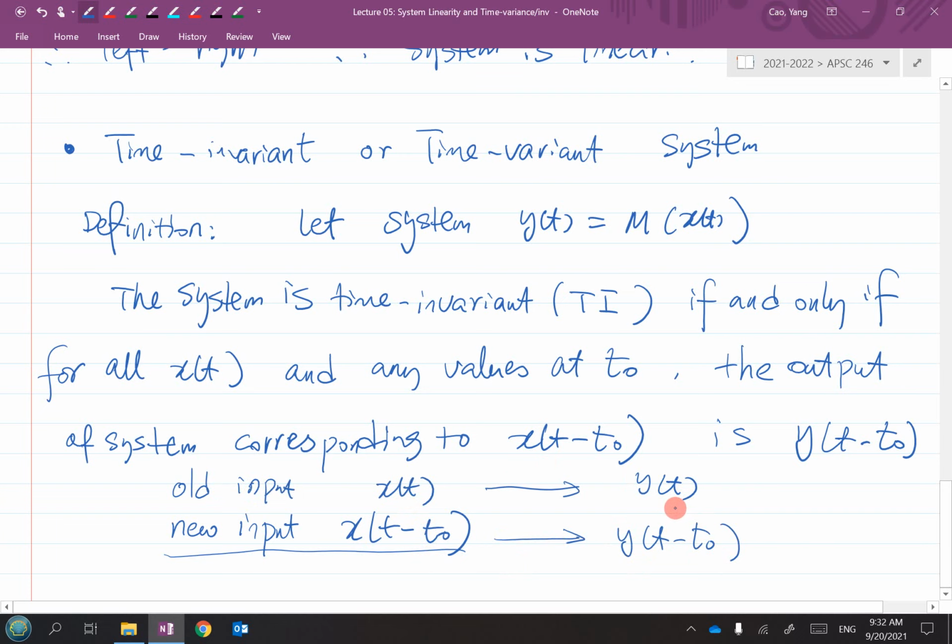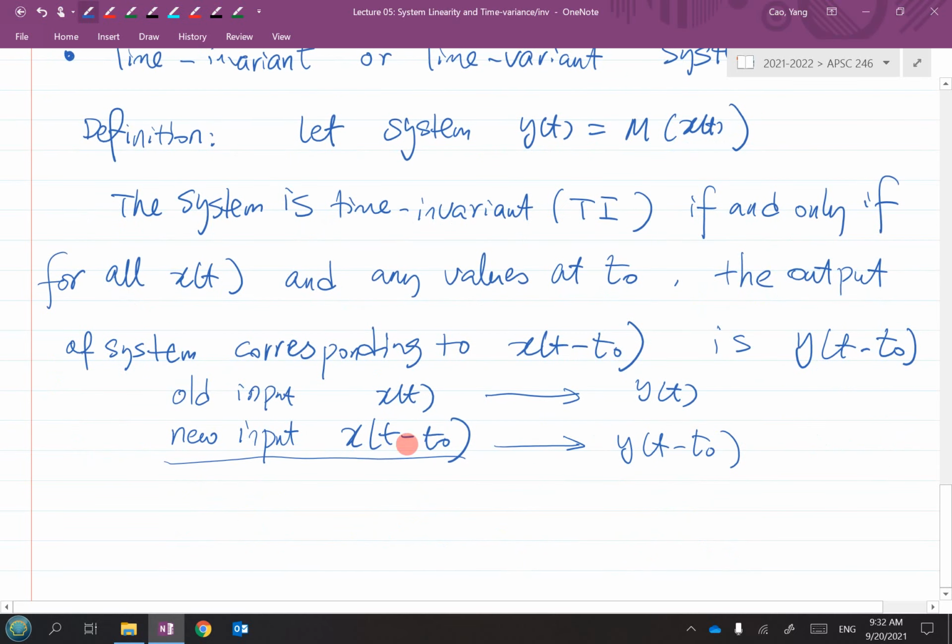So this is the shifted input, and this is the shifted original output. If this is true, according to what the definition says, then we can conclude that the system is TI. And that's how you interpret this time invariant property.